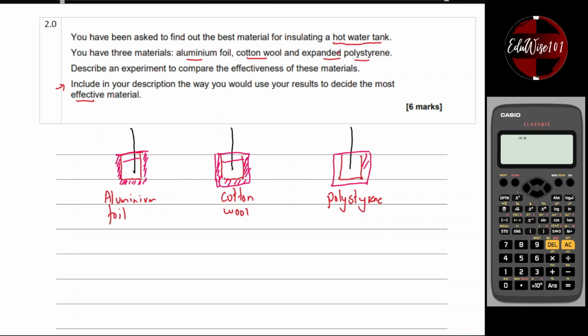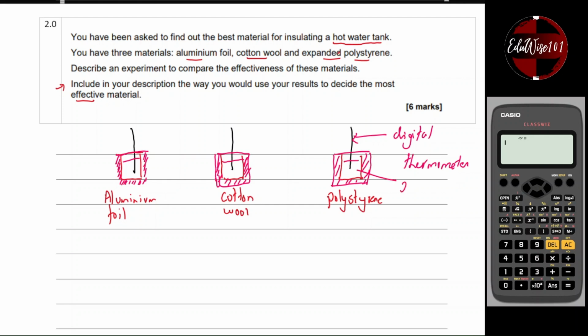So I've got the insulation, digital thermometer, right?